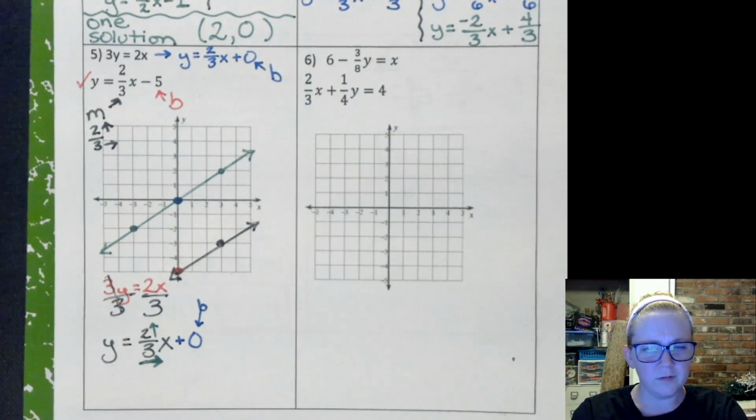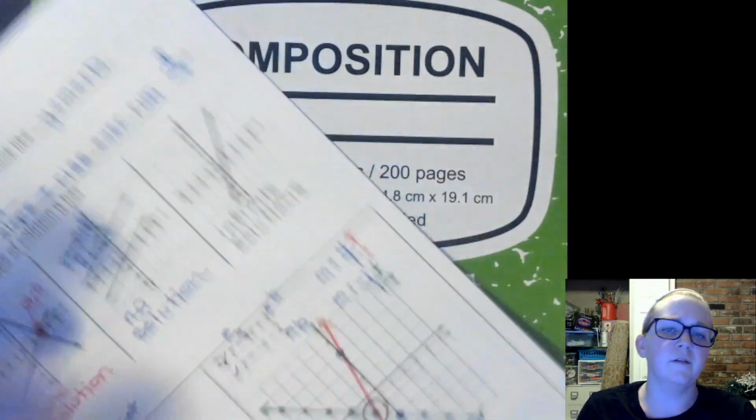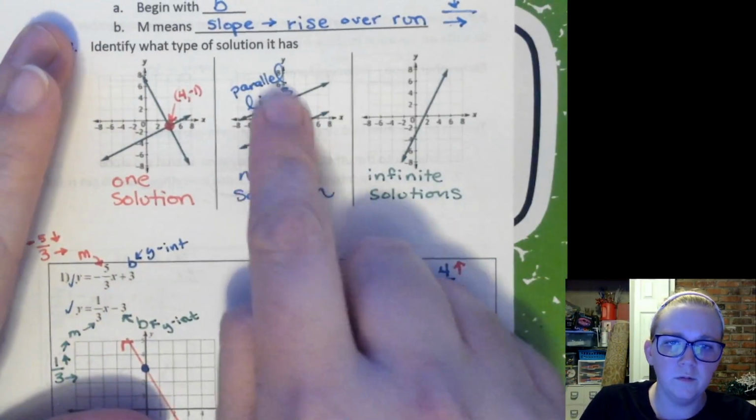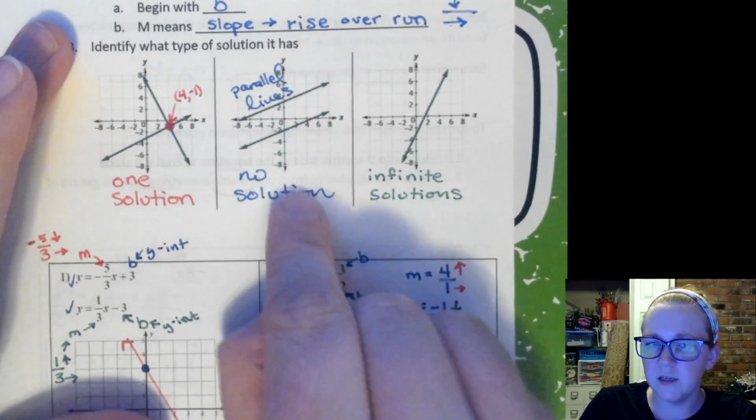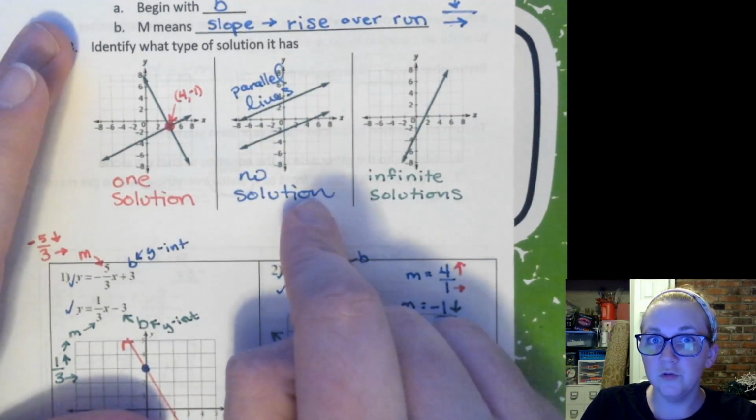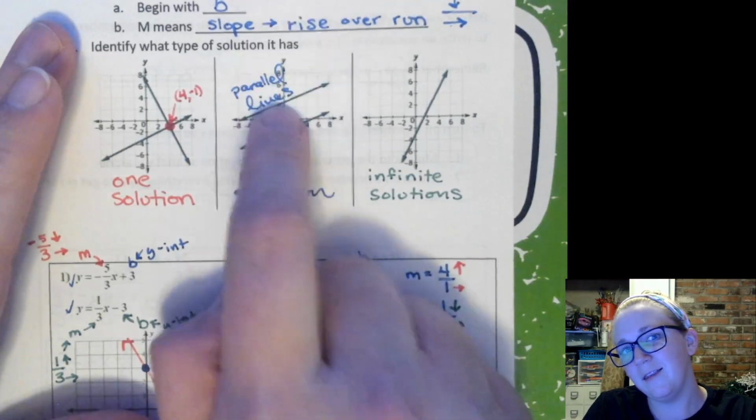Did our lines touch? Did your lines touch? I didn't touch. What's that look like? The lines didn't touch. It was no solution because you had parallel lines.